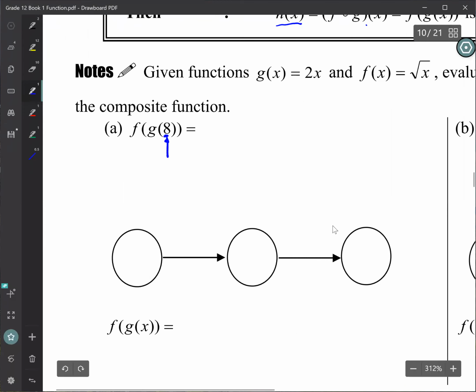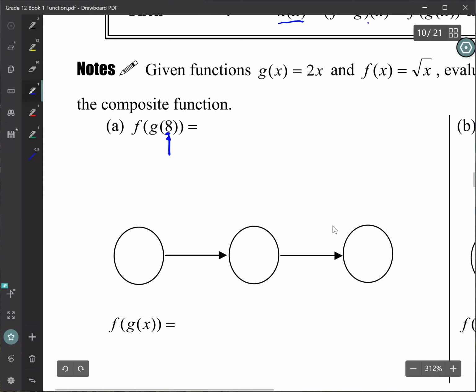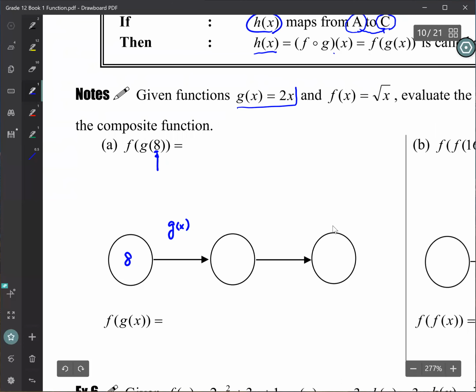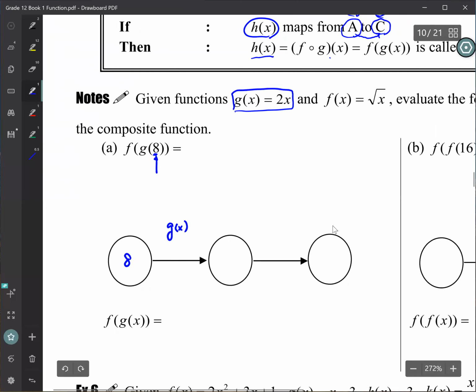So the way you can picture it is I will start with g, and I have 8. 8 is your ingredient. So I will put 8 into g of x. g of x is up here, this factory. So I put 8 into g of x.